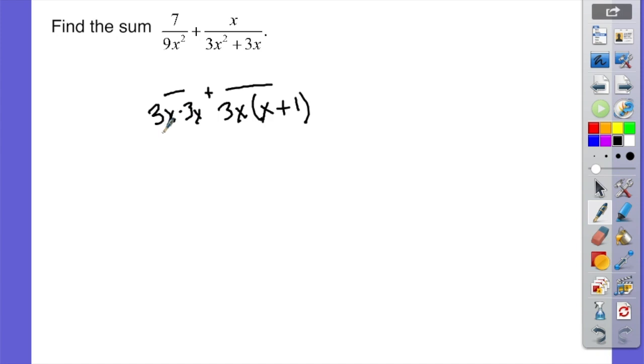Okay, so let's look to see what's different. So notice what's the same. 3x and 3x. But what's different? The 3x here on this side, and then the x plus 1 on this side. So that means on this side, I have to multiply whatever it's missing. So it's missing here, x plus 1. And then on this side, what's it missing? 3x, good.